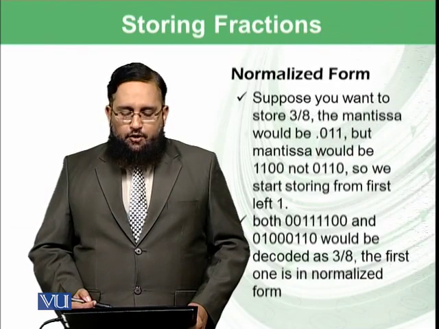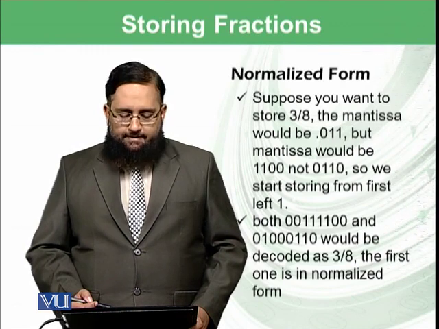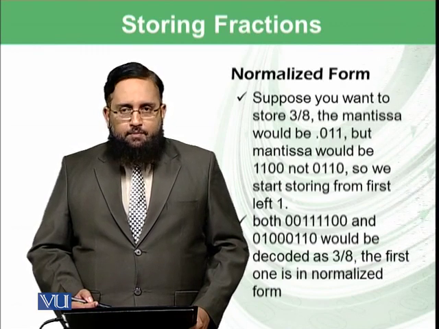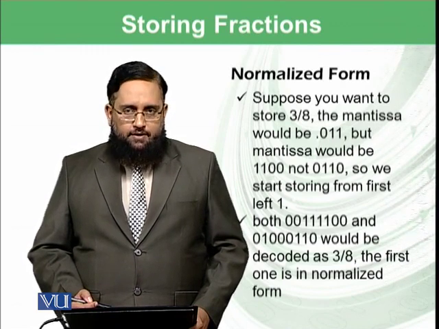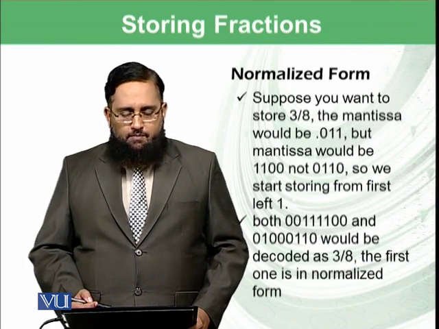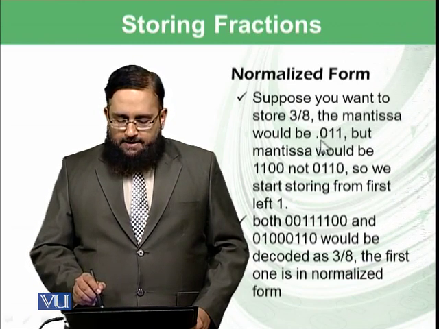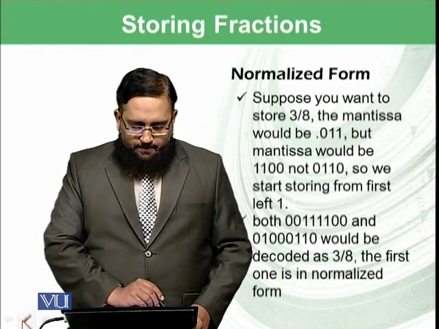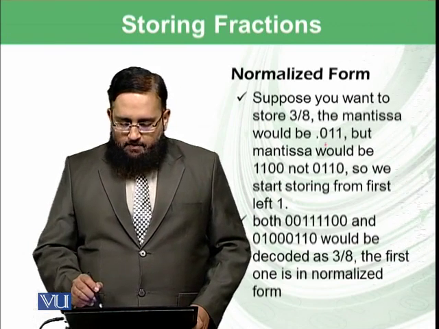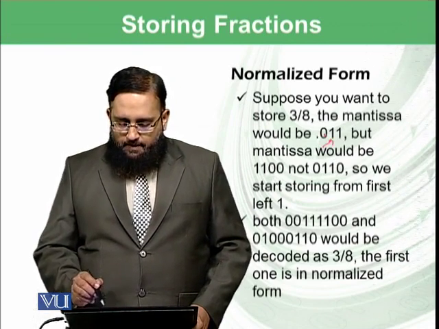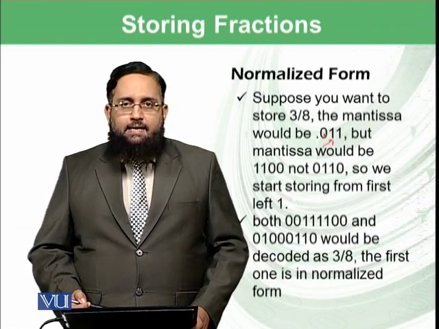Suppose you want to store 3 by 8. The mantissa would be 0.011. Here is one important point: we exclude this 0 and start saving from the first one. So the mantissa would be 1100.